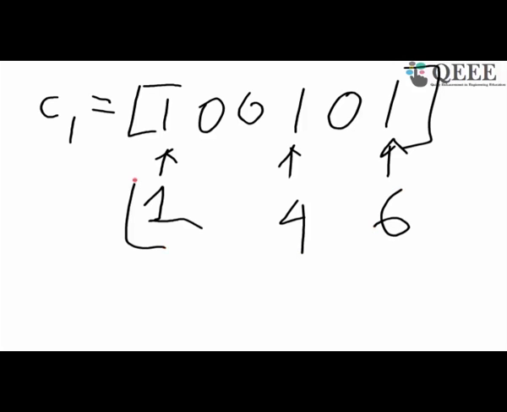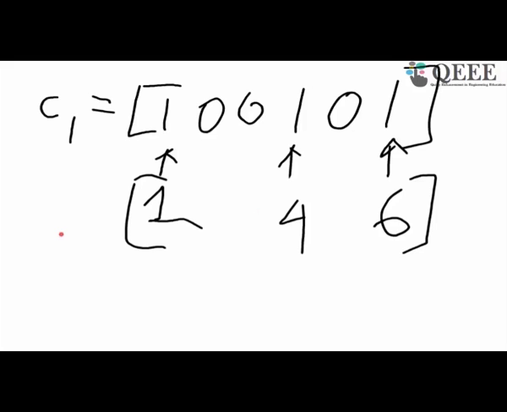So the support vector of a code word is the index of the non-zero elements of the code word. Now what is being said is that two code words will be in error if one support vector is a subset of another support vector.